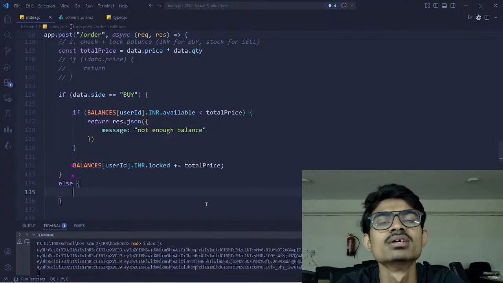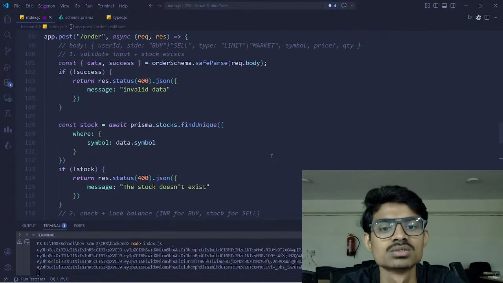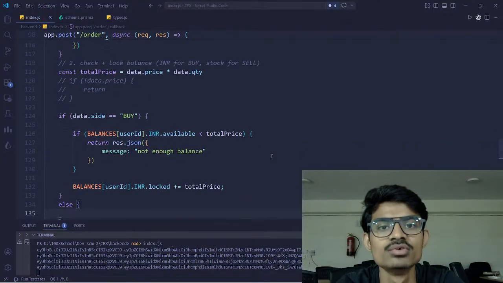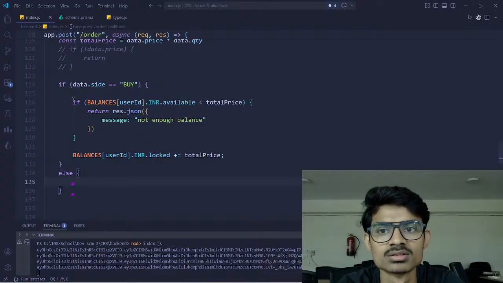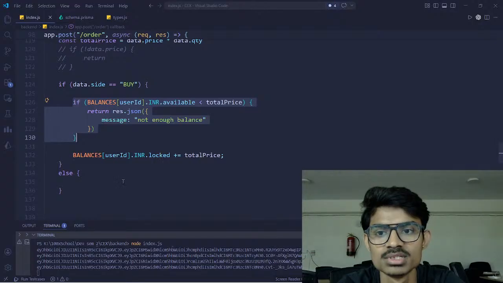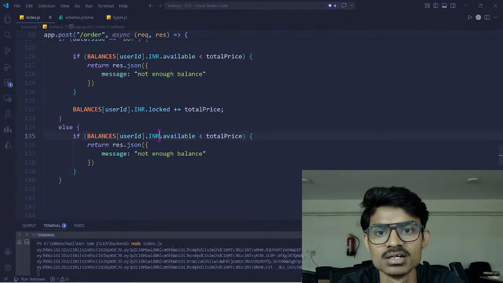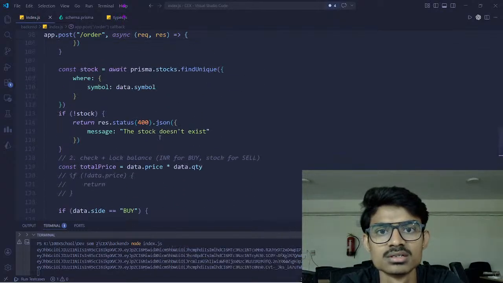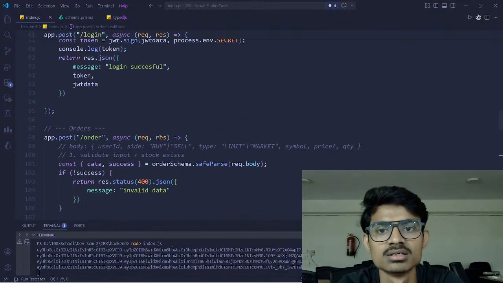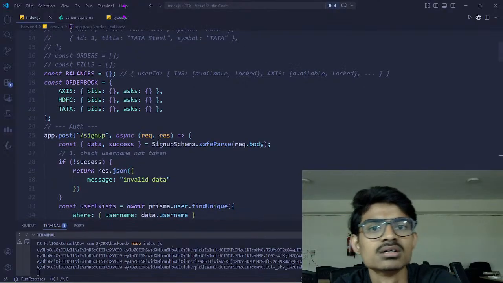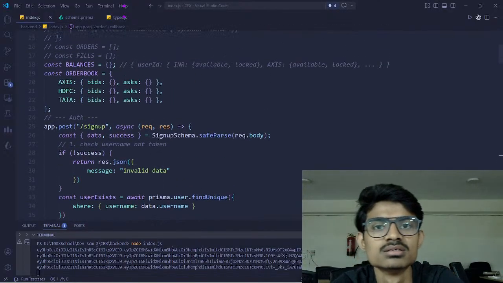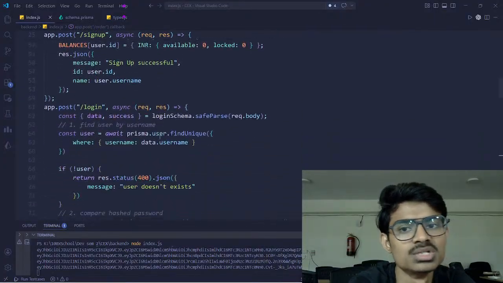Now if we do not have enough stocks, right? If we do not have enough stocks, we cannot. So just copy this, and instead of INR, here we will say, instead of INR, so INR is hard-coded, the symbol.